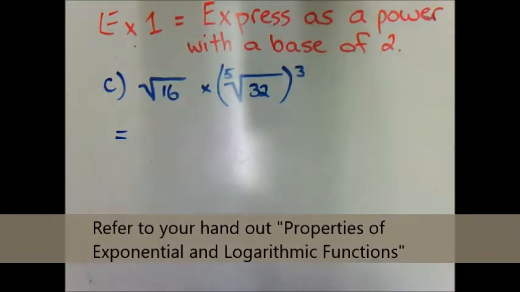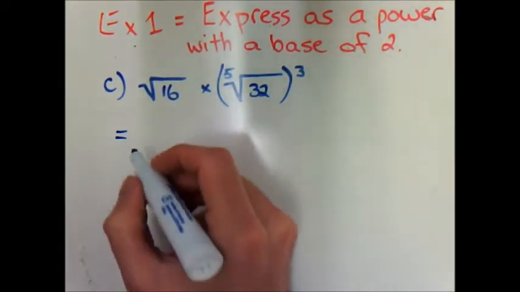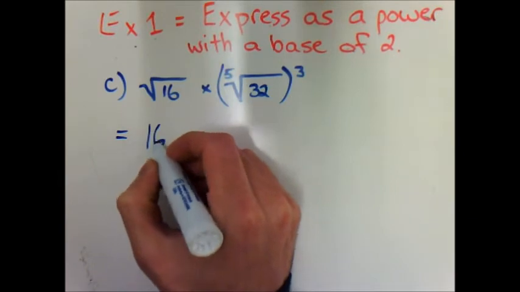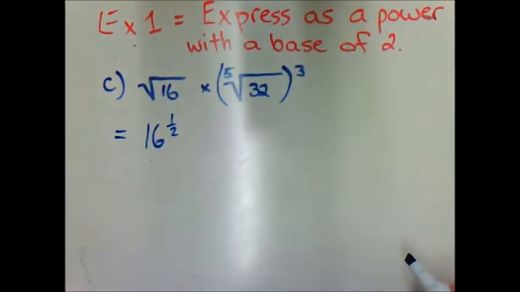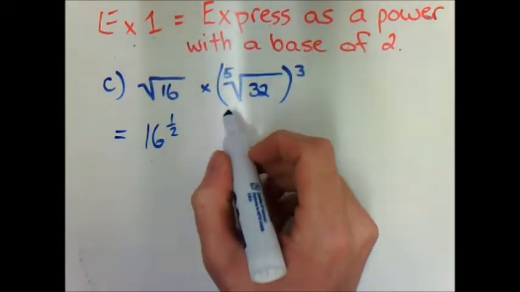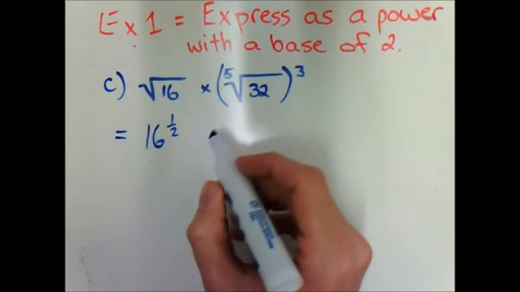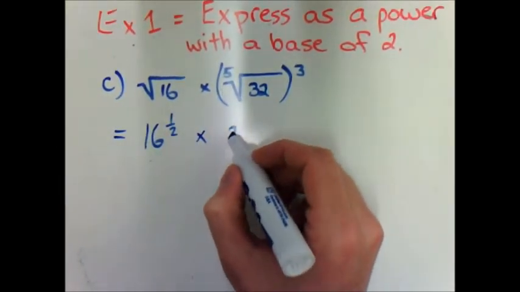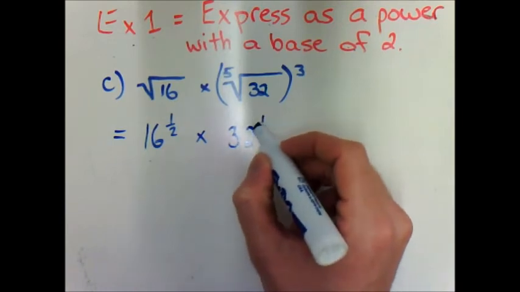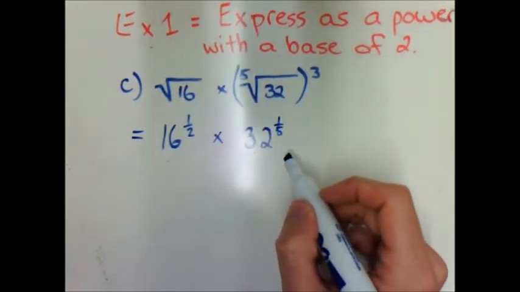According to our properties of exponential functions, the square root of 16 is the same as 16 to the power of 1/2. The fifth root of 32 to the power of 3: I'm going to do that one in 2 steps. The fifth root of something is the same as 32 to the power of 1/5.